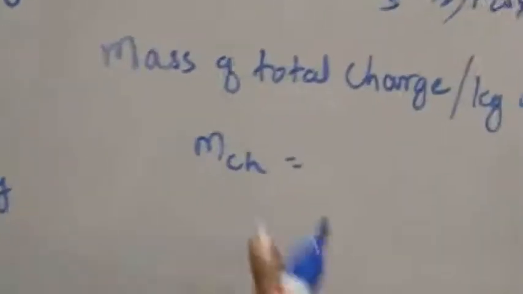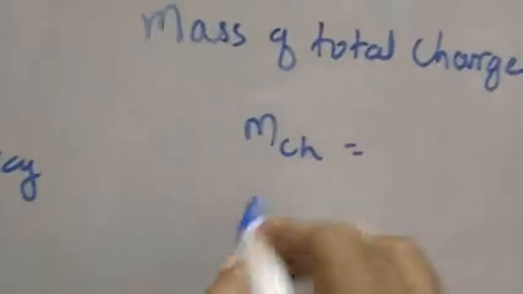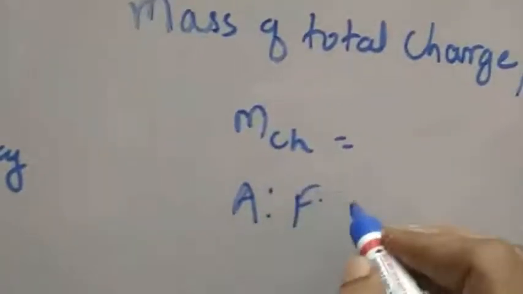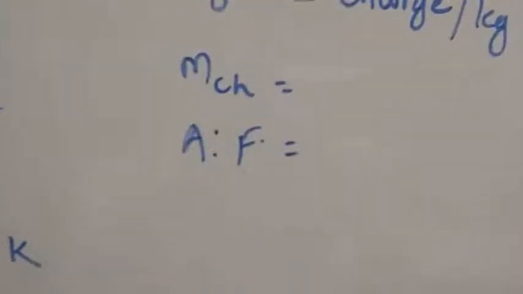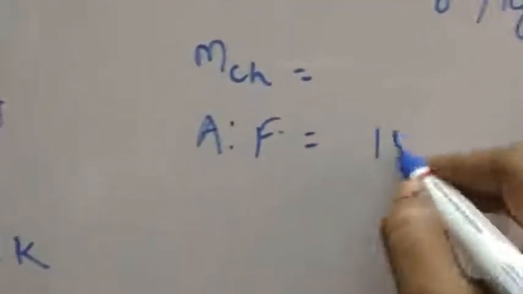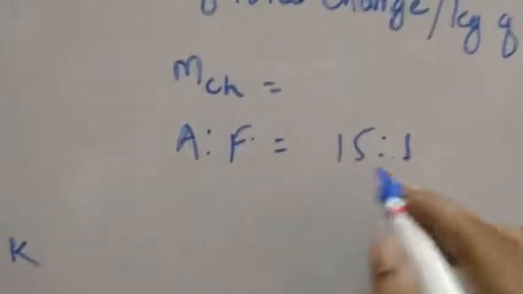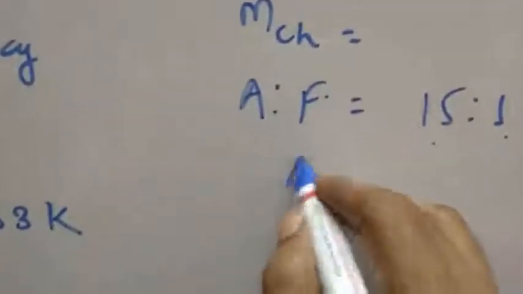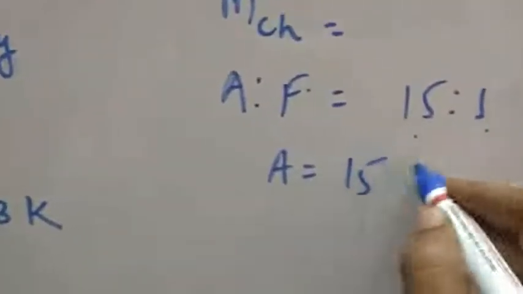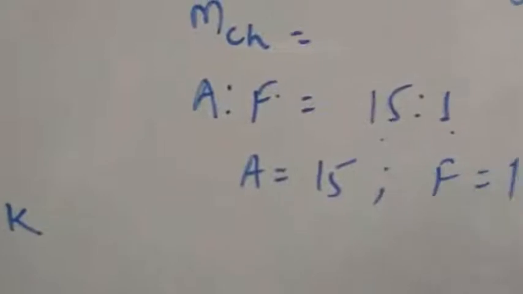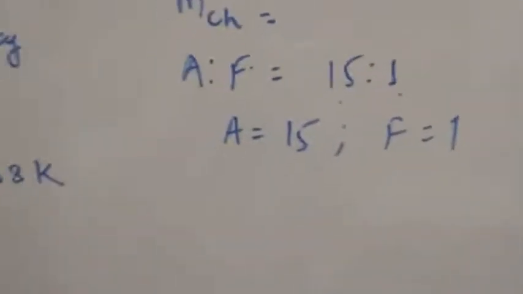Now for this I'll be making use of the air fuel ratio. This air fuel ratio I know is 15:1. Can you tell me what is 15 and what is 1? Yes, 15 is the part of air, and 1 is the part of fuel. So what is the charge? Charge is the mixing of air plus fuel.